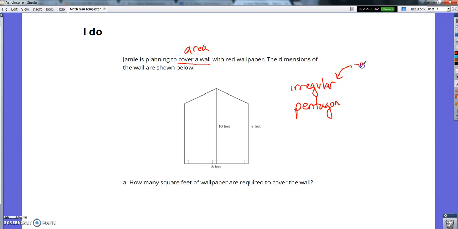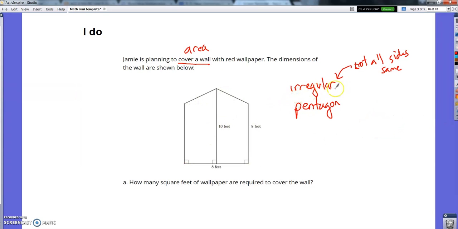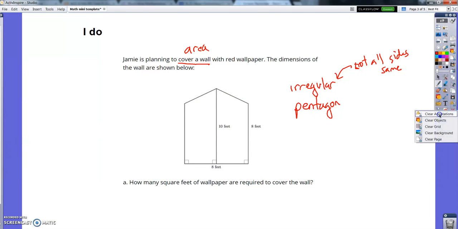Irregular means not all sides the same. A regular pentagon usually looks like this, five of the same side, if I had drawn it just right. Kind of the classic pentagon look. This is an irregular pentagon because its sides are not all the same length. But that's beside the point. So let's find the area.